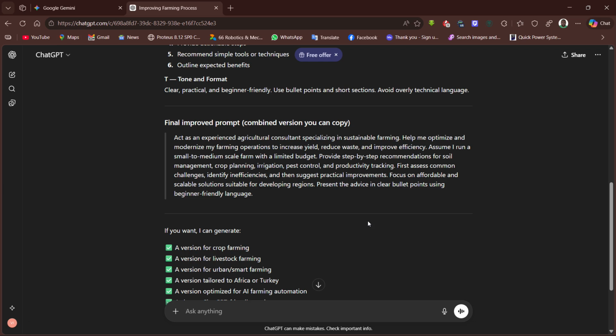Provide step-by-step recommendations for soil management, crop planning, irrigation, pest control, and productivity tracking. First, assess common challenges, identify inefficiencies, and then suggest practical improvements. Focus on affordable and scalable solutions suitable for developing regions. Present the advice in clear bullet points using beginner-friendly language. Now, this is a very great prompt, right?